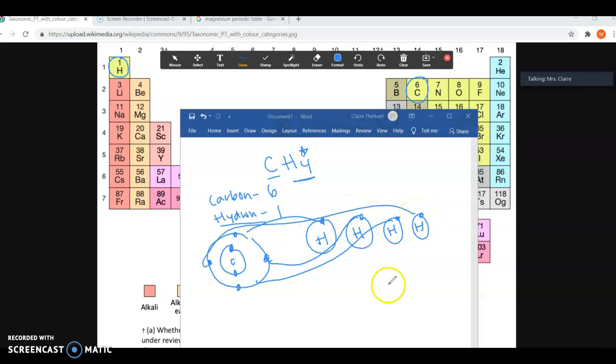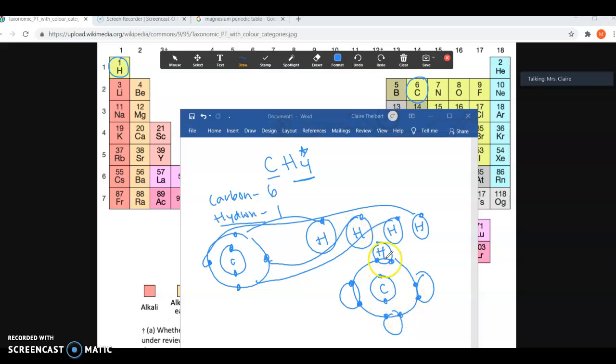So then in the end, what you want to draw is there's your carbon with 2. And then we're just basically going to draw these circles first, because they're going to meet up. As you can see, carbon has 1, and then hydrogen has 1. So when they hook up, it looks like this.